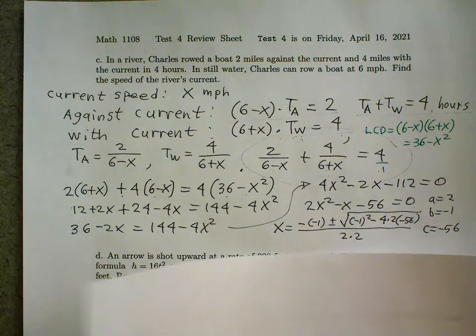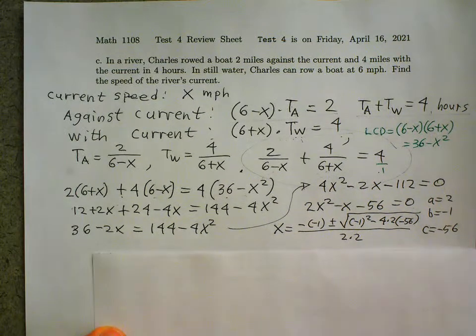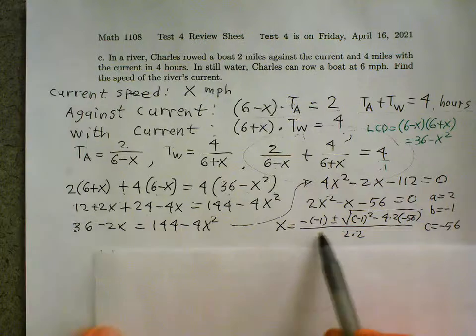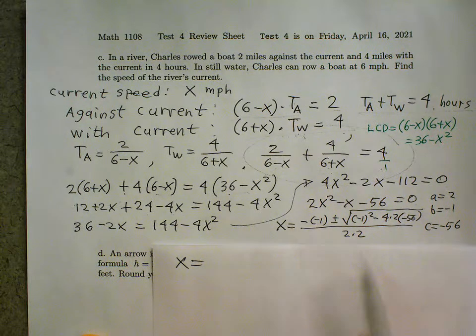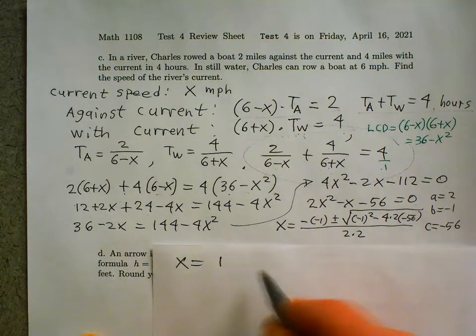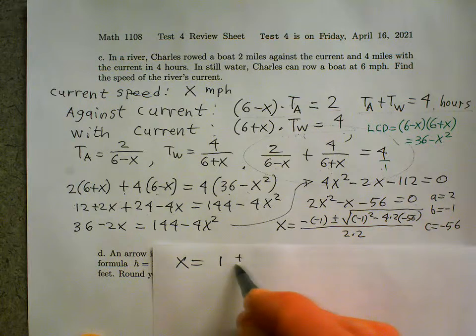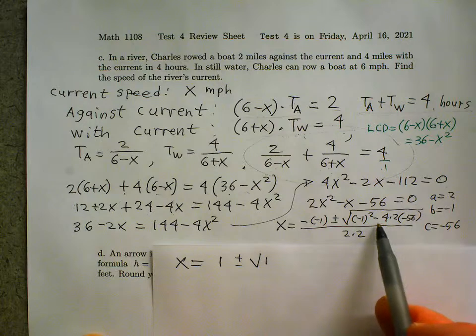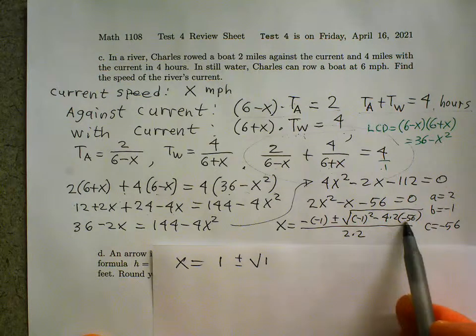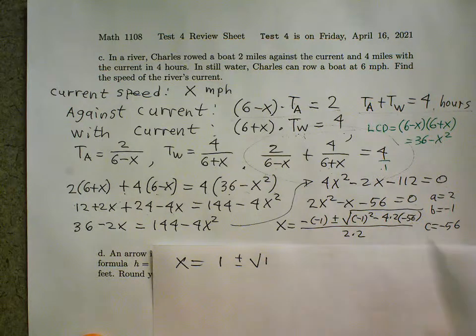So on another piece of paper, I'll write down what we have. We have x equals +1, because the negative of -1 is +1, plus and minus the square root of +1, and then minus 4 times 2 times -56.